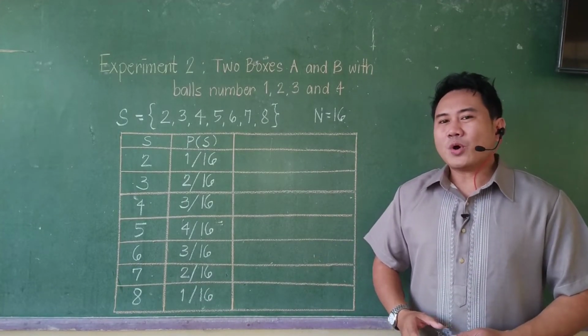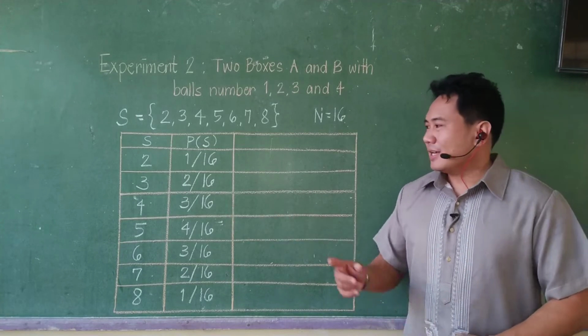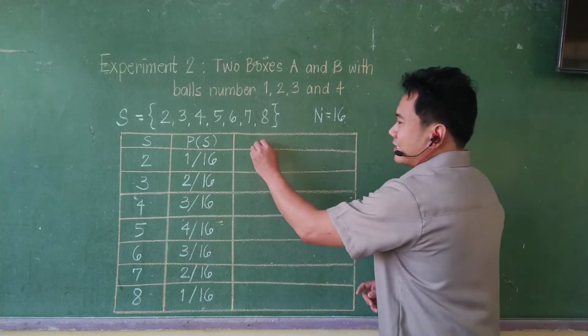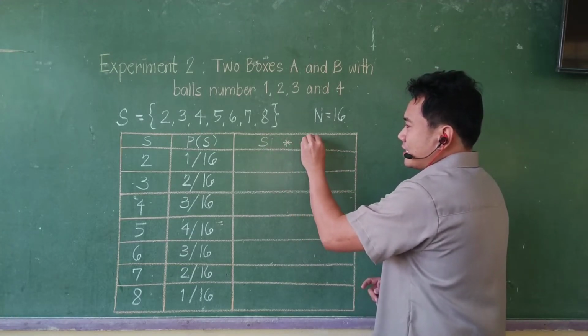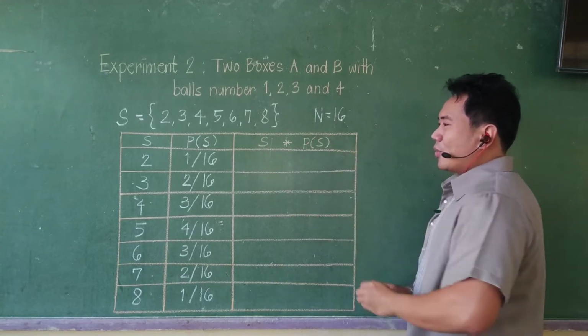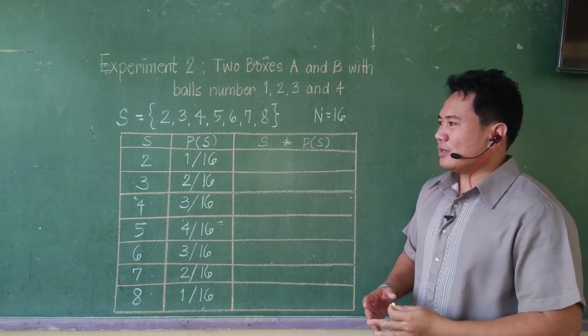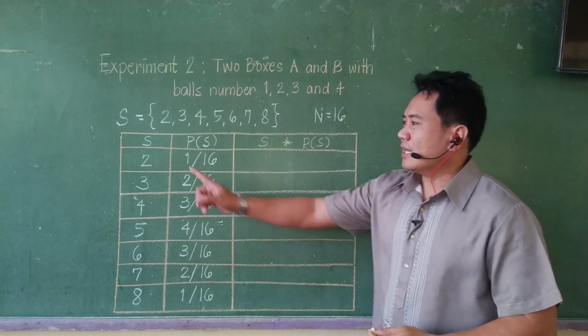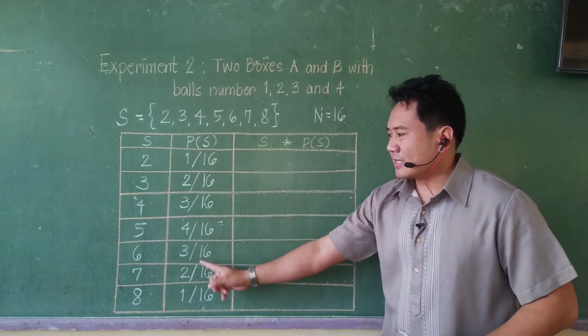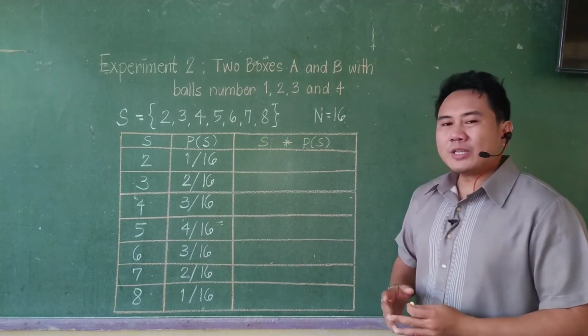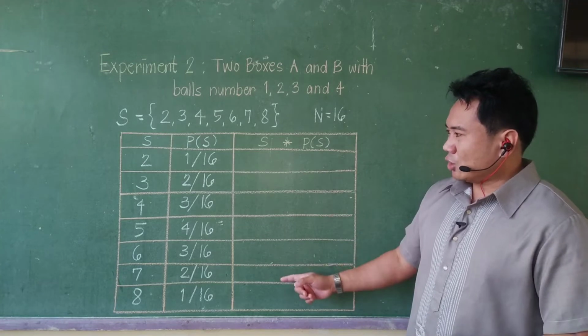And now I added one more column to our table, and I am going to label it S times P of S. What we are going to do here is multiply the S column by our P of S column, and write it in this column.